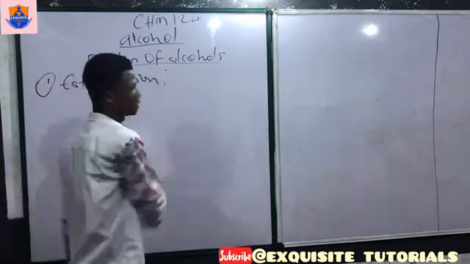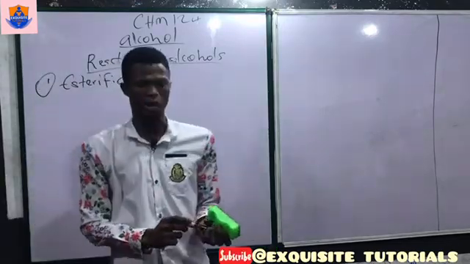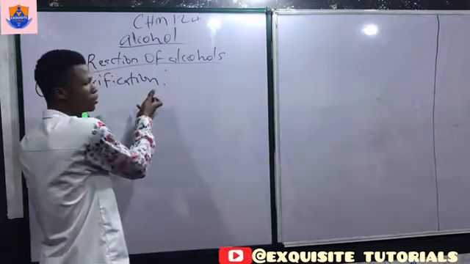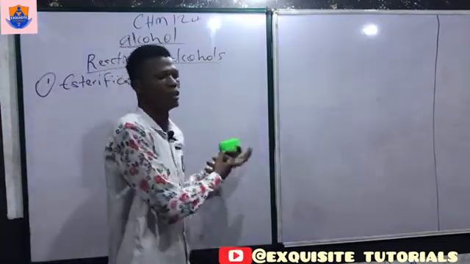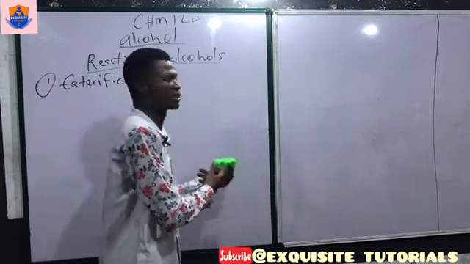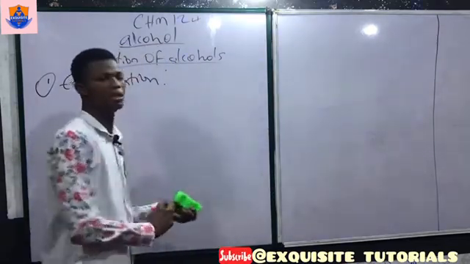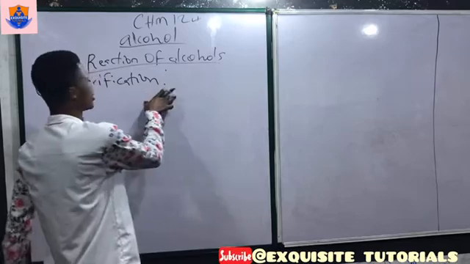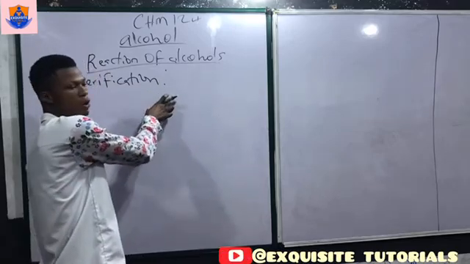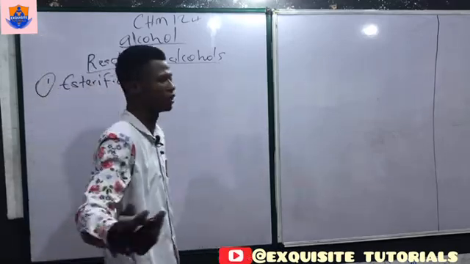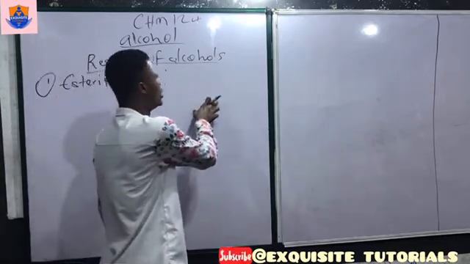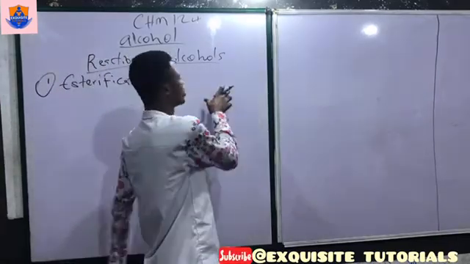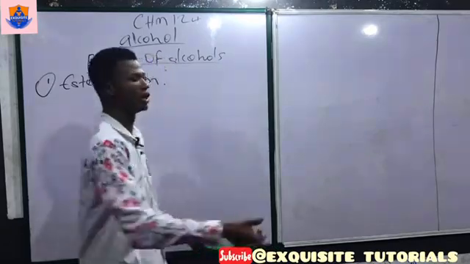Esterification is a reaction whereby alcohols react with carboxylic acid in the presence of H2SO4 as a catalyst to give esters. That's what we call esterification. Now, when we were talking about the synthesis of alcohols, we talked about saponification, a reaction whereby esters react with a base, where we use sodium hydroxide as an example, to give us an alcohol.